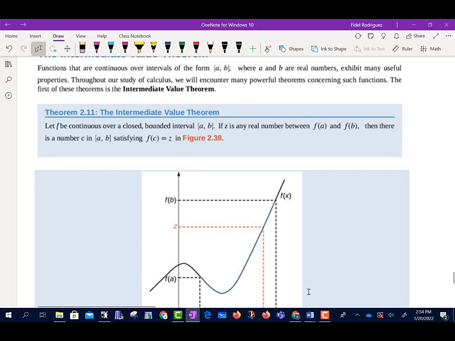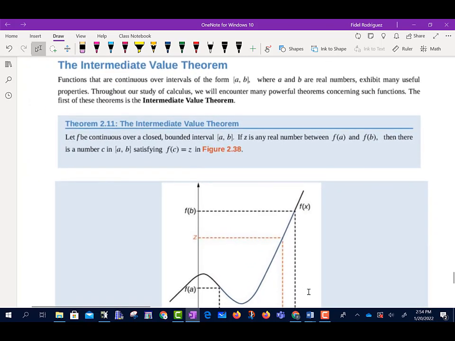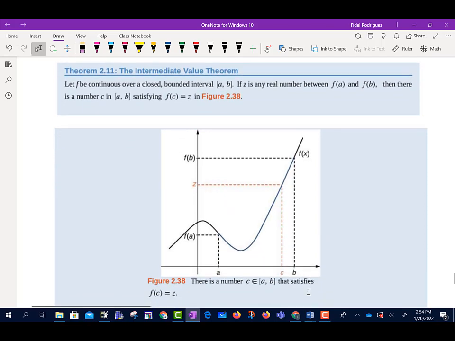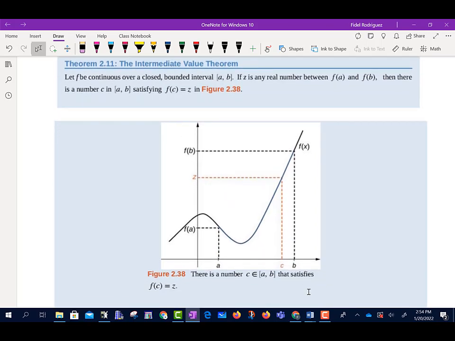We have something here called the intermediate value theorem. I'm going to explain, by looking at the picture, what the intermediate value theorem says.